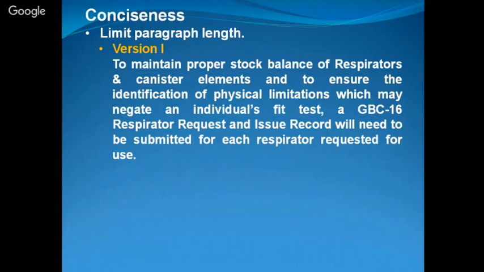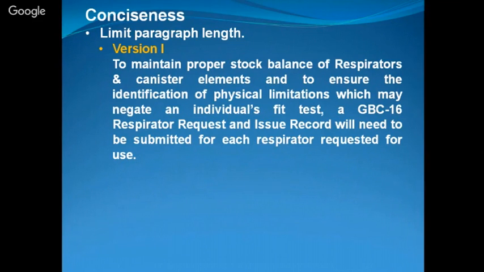To maintain proper stock balance of respirators and canister elements, and to ensure the identification of physical limitations which may negate an individual's fit test, a GBC 16 respirator request and issue record will need to be submitted for each respirator requested for use. It is very difficult to find out what is contained in this paragraph, because it is very lengthy and there is only one sentence.